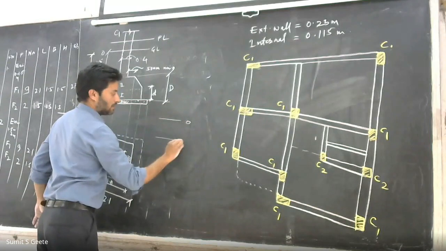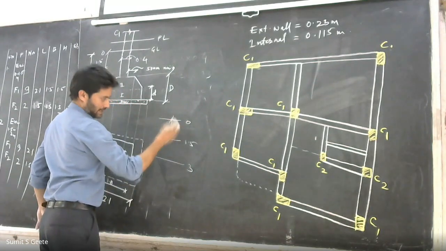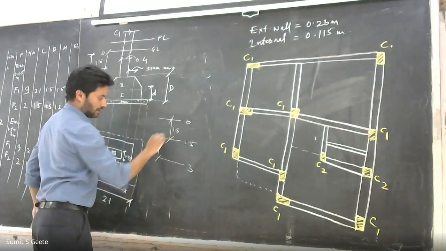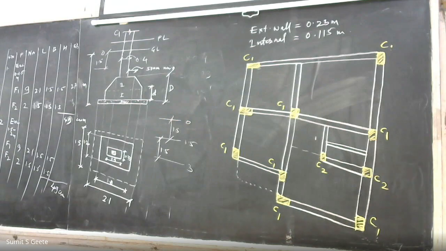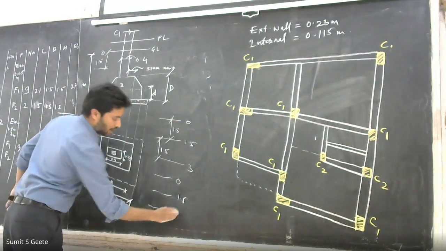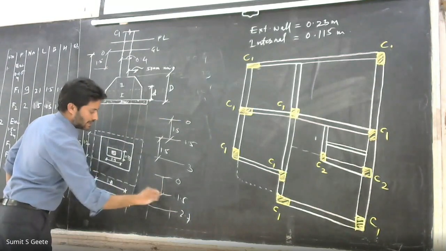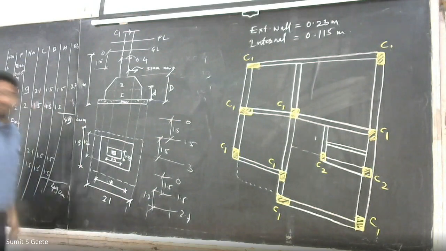This is 0, 1.5. This is 3. So this is 1.5 meter. This is again 1.5 meter. Suppose 0, 1.5, 2.7. Then this is... clear?